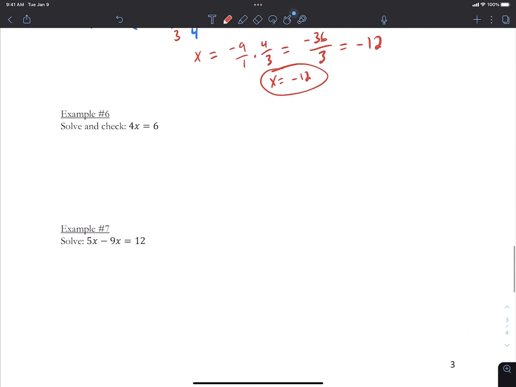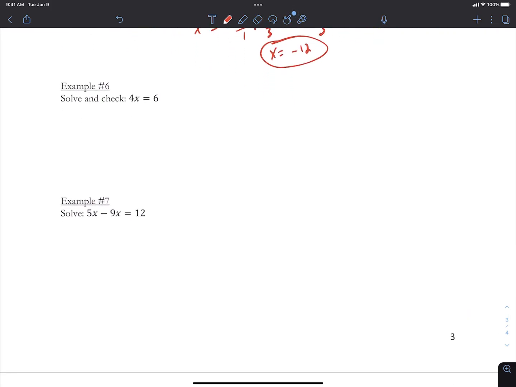The next one I have here is example 6. It says solve and check 4x equals 6. So I have 4x equals 6. Since it's 4 times x, I'm doing the opposite. Adding and subtracting are inverse operations, and multiplying and dividing are inverse operations.